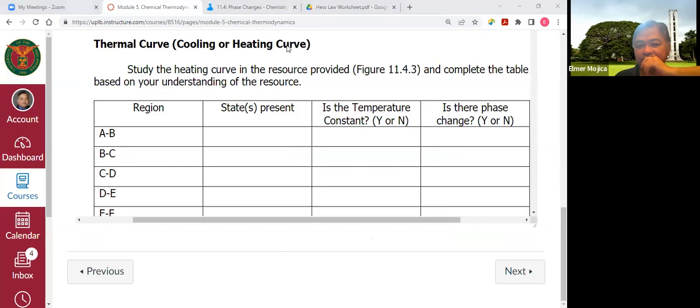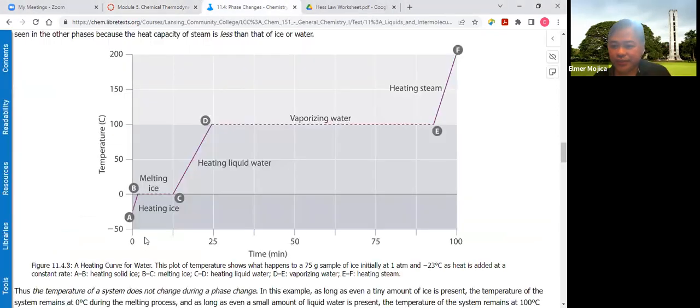The answer is yes, because at this point, your solid starts to melt. So at this phase, there's a coexistence of solid and liquid phase, until such time that when you reach this point, you only have liquid.